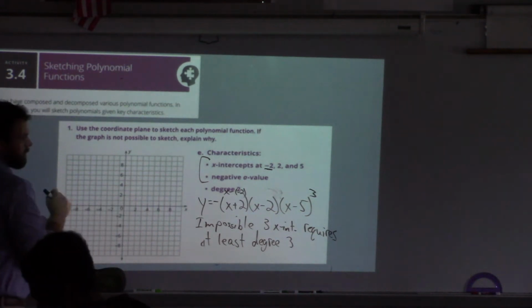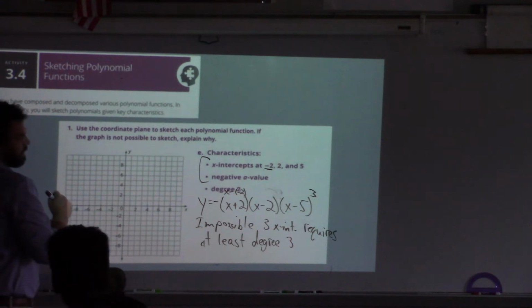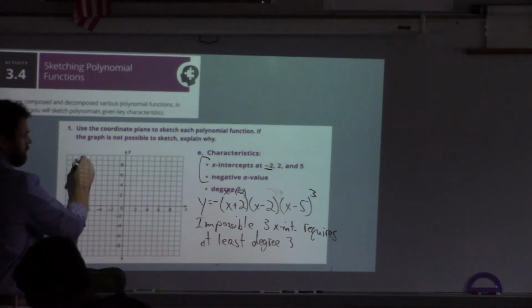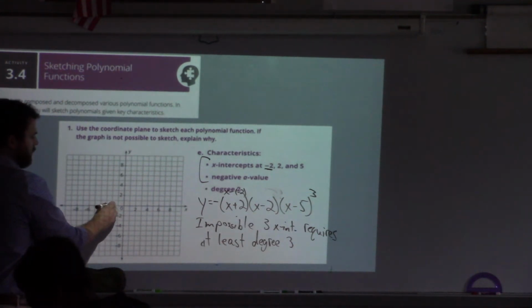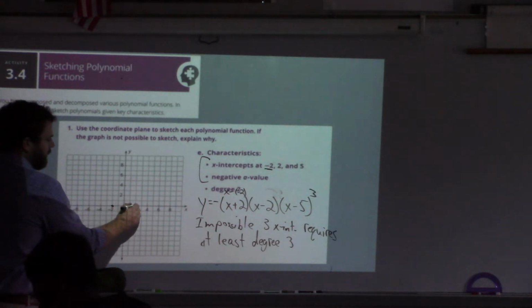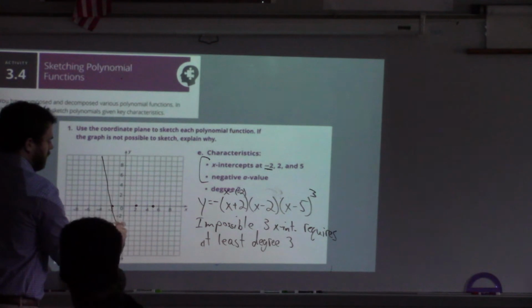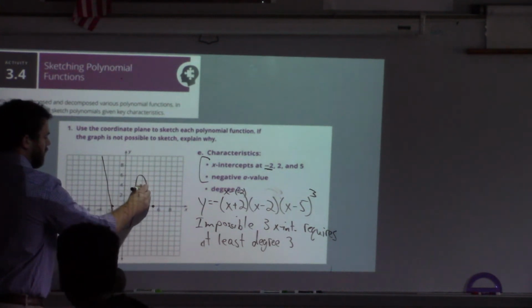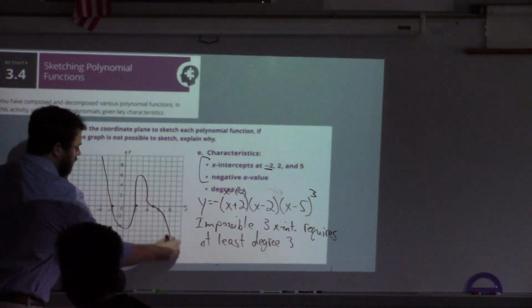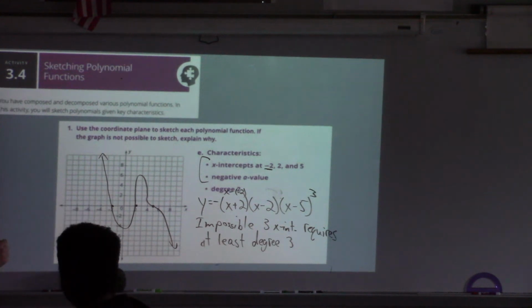Something like this may look like, what would that be? Be 5. Okay, so it has to have that x-intercept, has to have that x-intercept, and it's going to go through there, so that would look something like this.